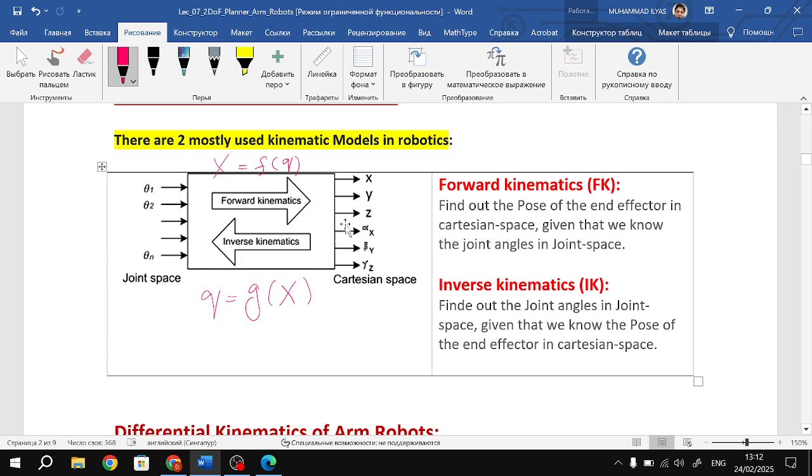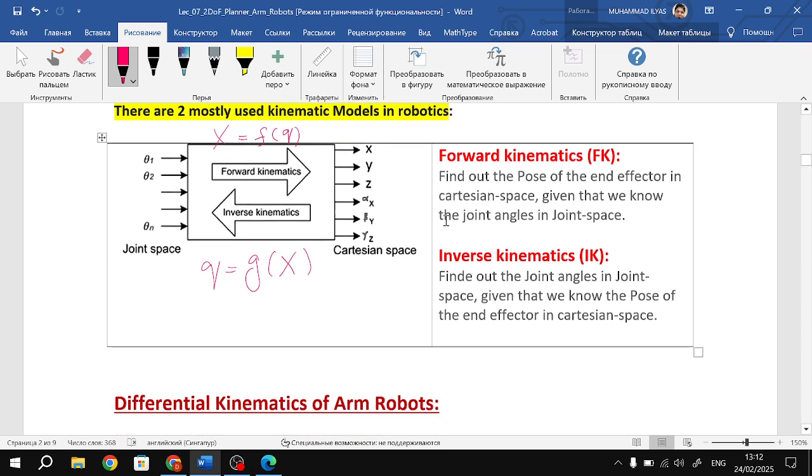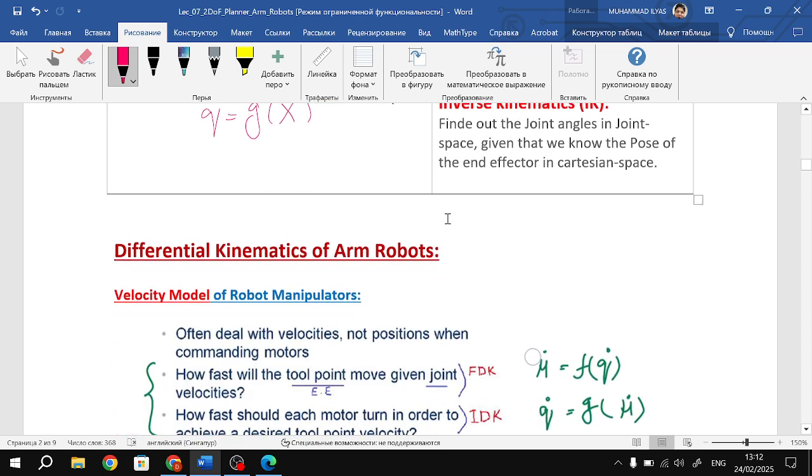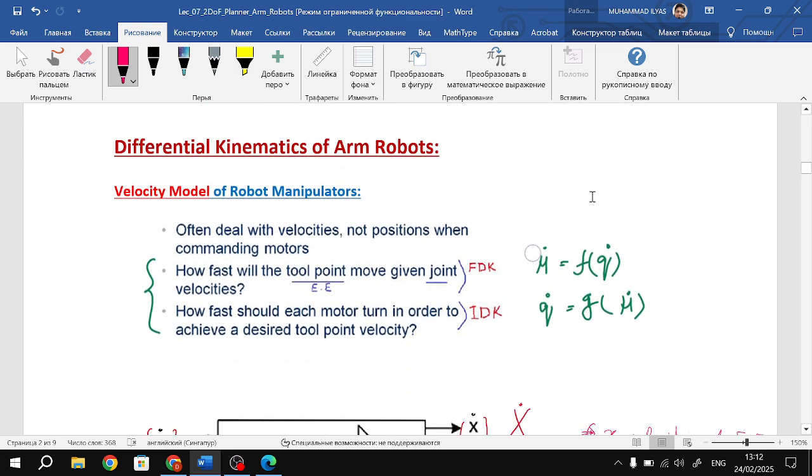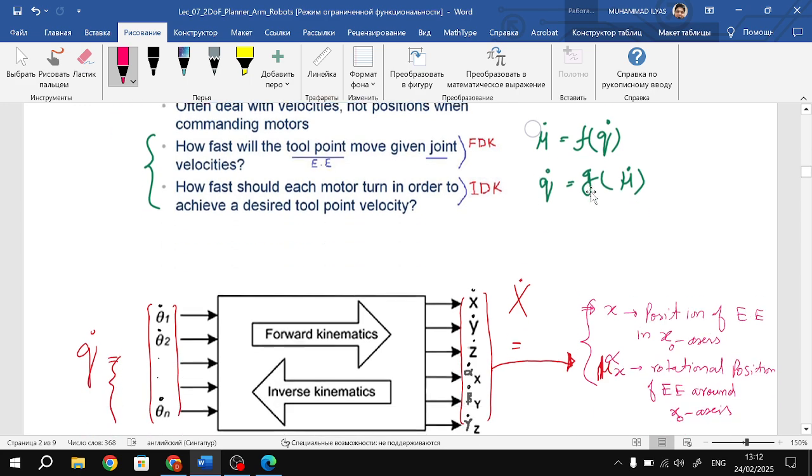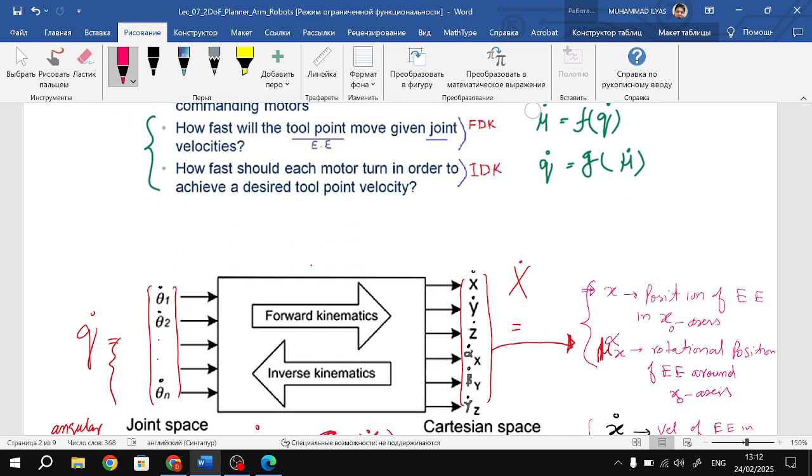We studied it in much detail in the last lecture, so today I just remind you what you have studied. Differential kinematics is the relationship between the velocities.